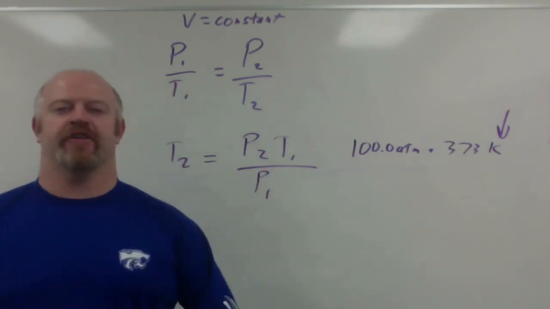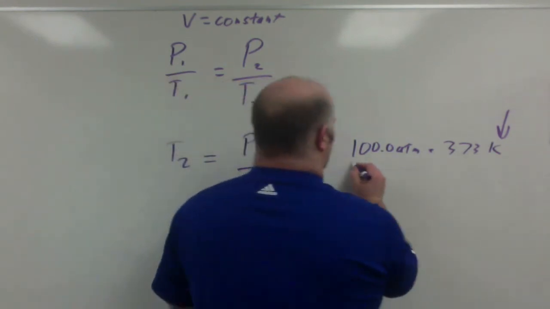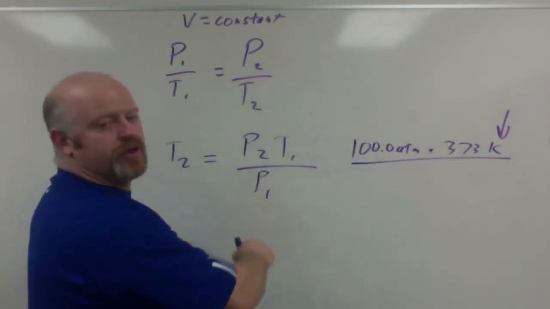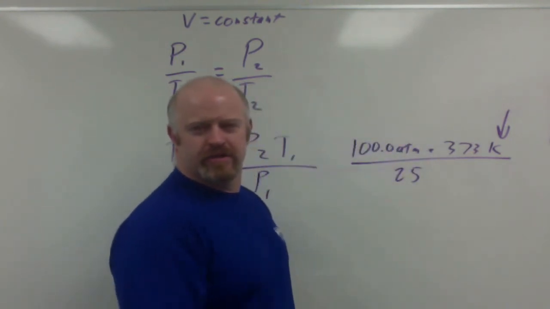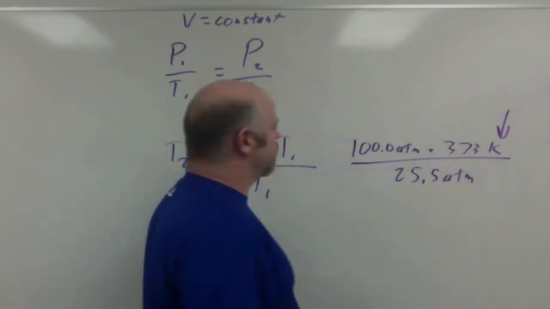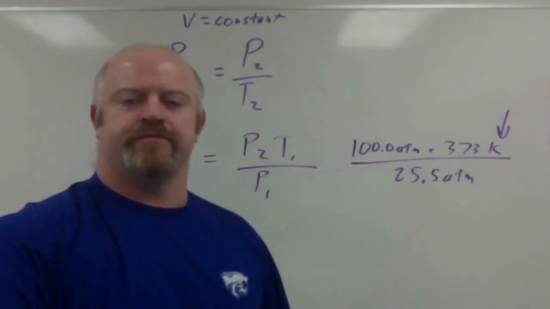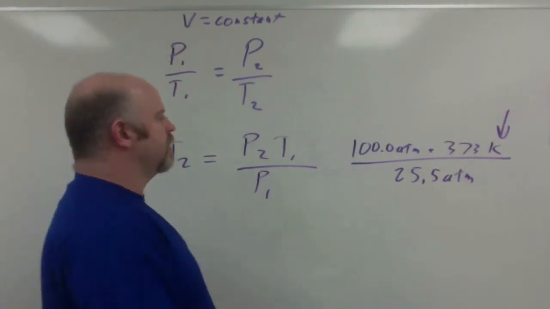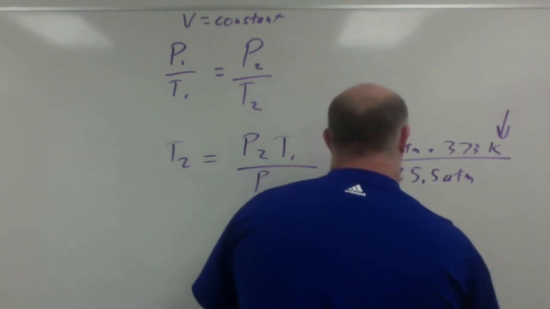You can't convert after. It has to be done before any calculations are done. Okay? And our initial pressure that we started with was 25.5 atmospheres. Okay? So 100 times 373 divided by 25.5, and we should get a temperature of 1460 kelvins in there.